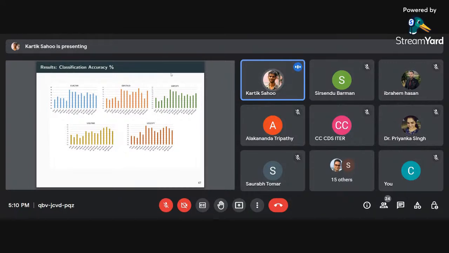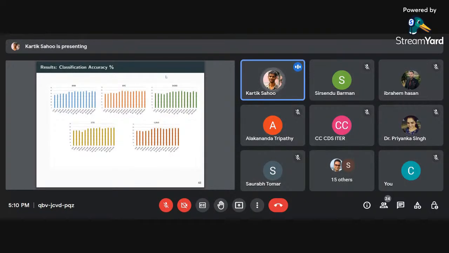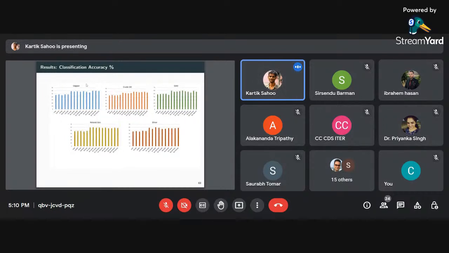We have taken 5 for the experiment, and this is the cryptocurrency market, recently popularized. These are 5 different cryptocurrencies, and the cryptocurrency market is highly fluctuating, so the algorithms are still performing better. And this is our commodity market. We have taken 5 different commodities to show that the hybrid algorithms are performing better than the baseline algorithms.